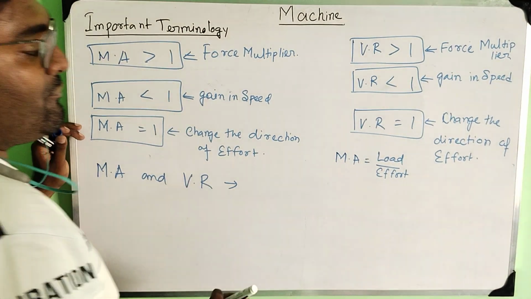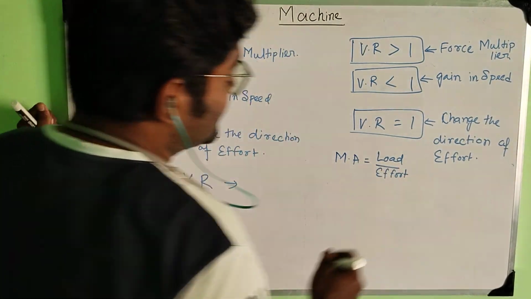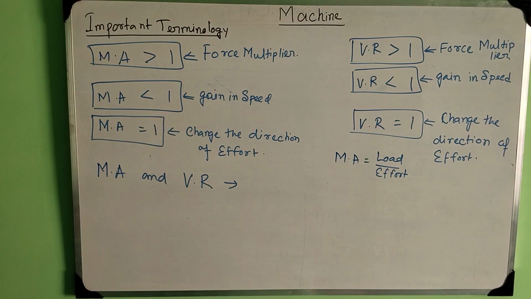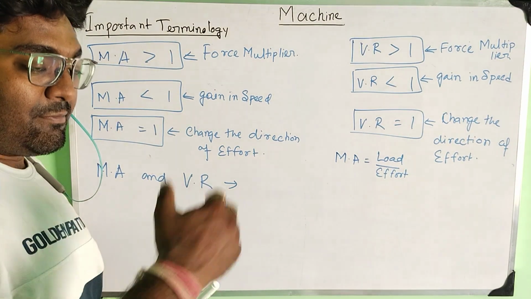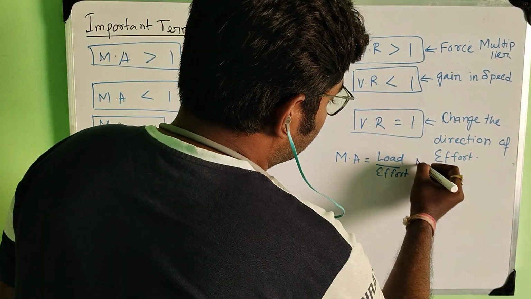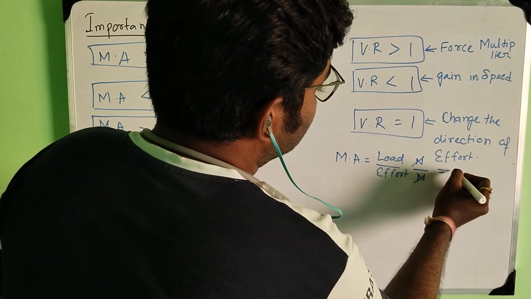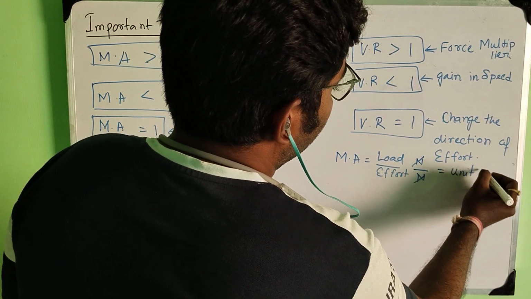Load is also a force, effort is also a force, so they have the same unit. Force is a physical quantity and its unit is Newton. So load is Newton, effort is Newton, they cancel, and it is unitless.